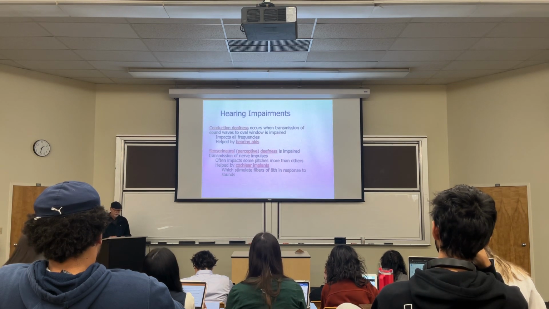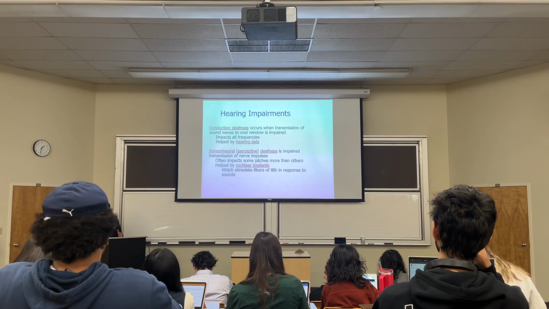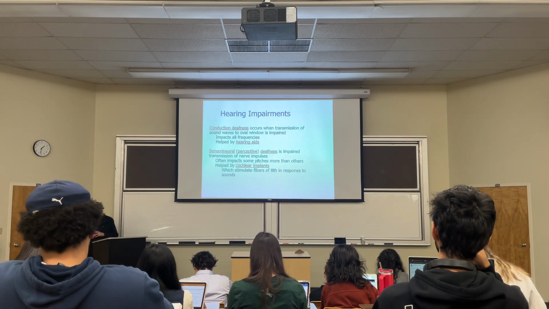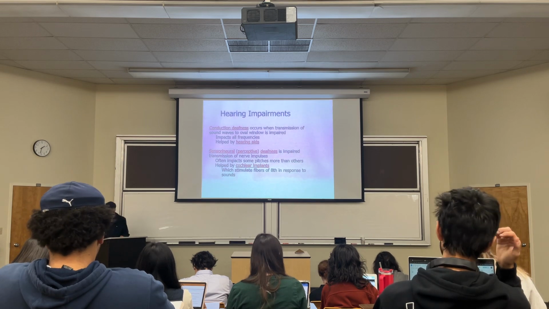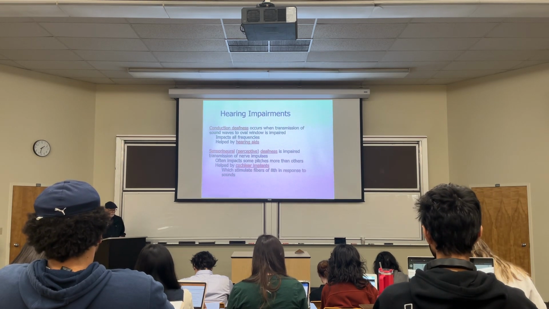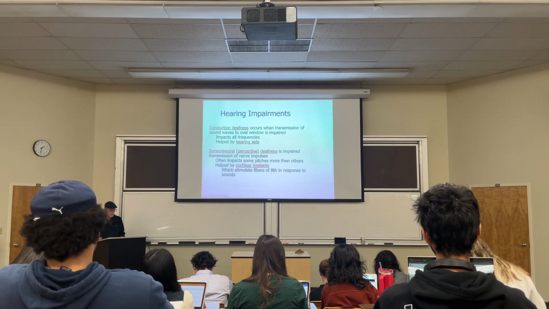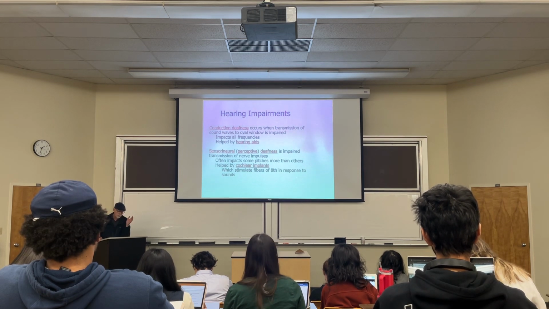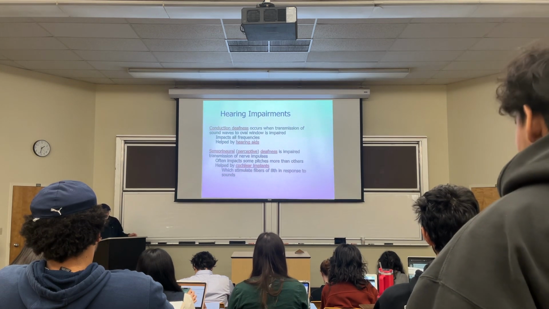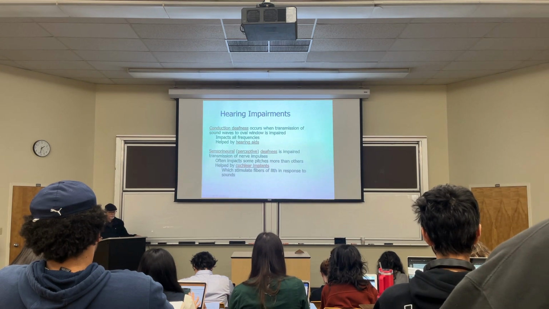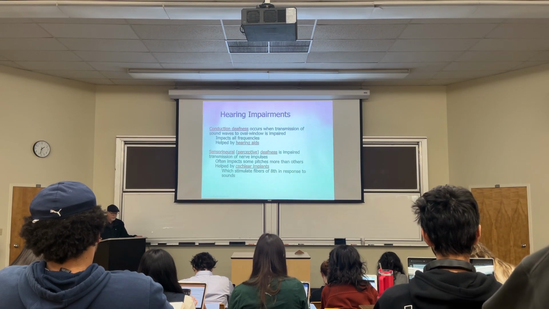But what about hearing impairments? We can categorize hearing impairments in two main subcategories. One is conduction deafness. This is the most common form of deafness of aging. As we get older, we lose our hearing over time. We become hearing impaired at least.